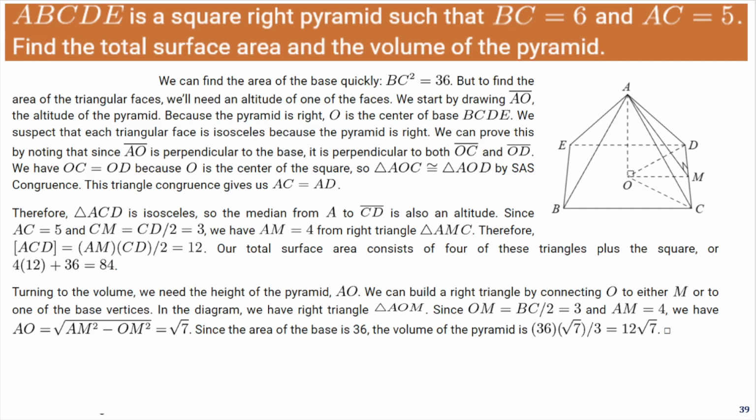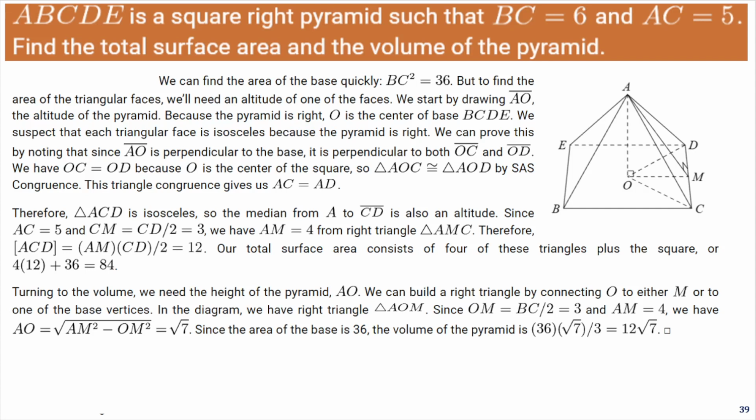So triangle AOC is congruent to triangle AOD by SAS congruence. This triangle congruence gives us AC equals AD. Therefore, triangle ACD is isosceles, so the median from A to CD is also an altitude.